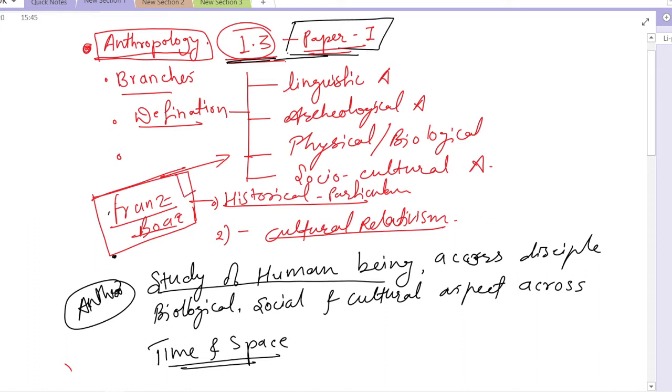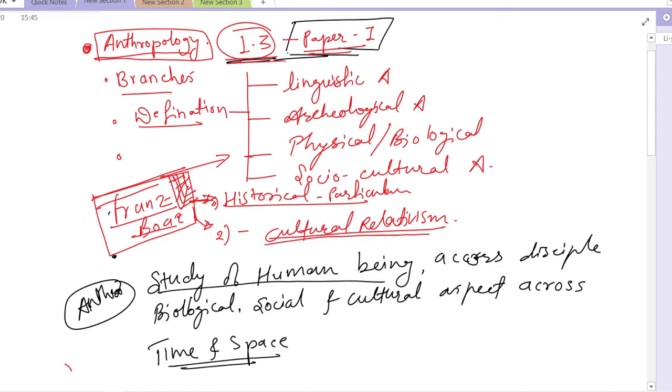With Franz Boas we will deal in theories: historical particularism, and in sociocultural anthropology the concept of cultural relativism, which we will discuss on the shoulder of Franz Boas.